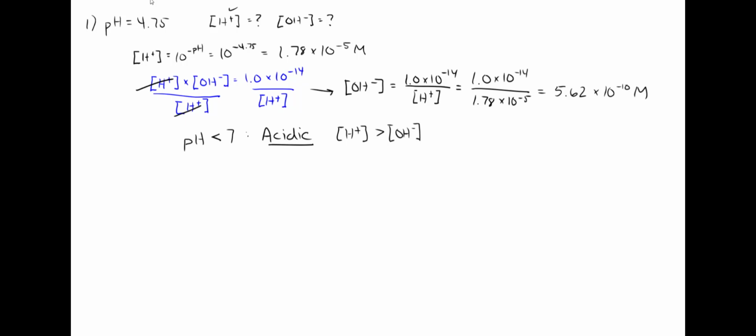Let's look at question 2. Question 2 said that we have a hydroxide concentration of 1.45 times 10 to the minus 4 molar.